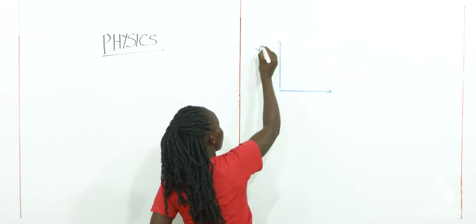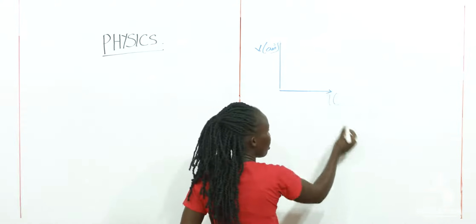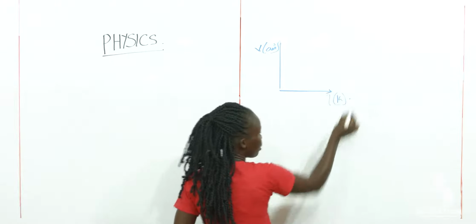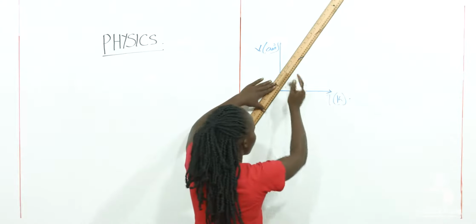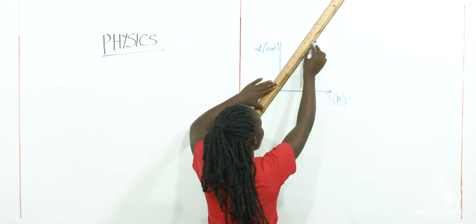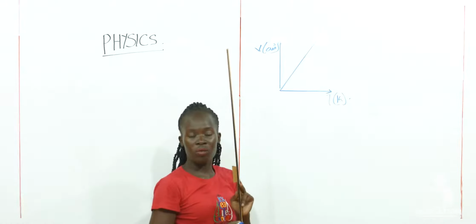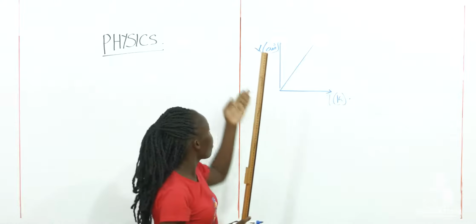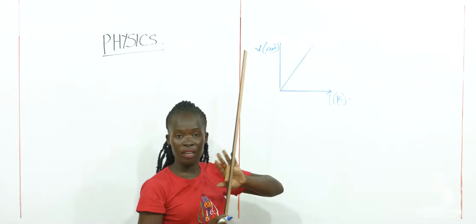That was the volume, measured in centimeters cubed, and the temperature, which we were measuring in Kelvin. When you measured using the Kelvin scale, we had a straight line from the origin. But that was not the case with the graph of volume against temperature from the Celsius scale.